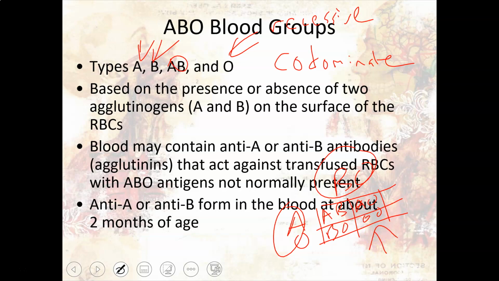You have to get an O gene from either parent. To have type A blood, you just have to get one type A gene. Type B, you have to get one type B allele. AB, you've got to get one of each. Type O, even though that's the recessive allele, is easily the most common blood type in the United States. Type AB is the least common blood type in the United States.